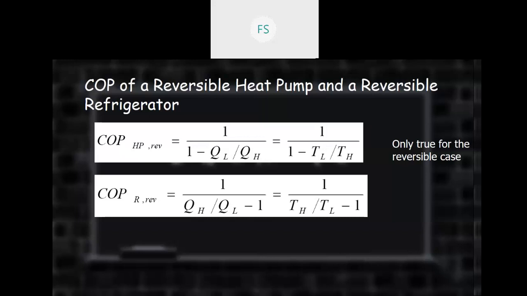And for the refrigerator operating using the Carnot cycle, the COP can be determined by using either this equation or this one. And all of these equations, this one for the heat pump and this one for the refrigerator, are only true for the reversible case. Please remember this. They are only applicable for the case of Carnot or reversible. Other than that, we cannot use both. We can only use this one and this one.